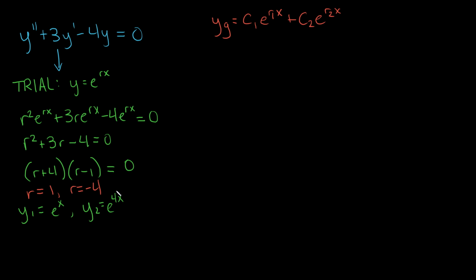Now we can come back and actually make our general solution. So if we come back up to here, we can formulate our general solution. The general solution is y sub g equal to some constant times our first solution, e to the 1 times x, just e to the x, plus some constant times our second solution, e to the negative 4 times x.